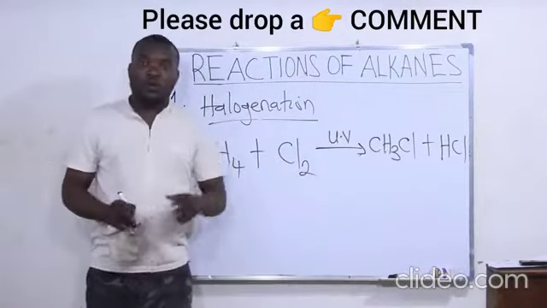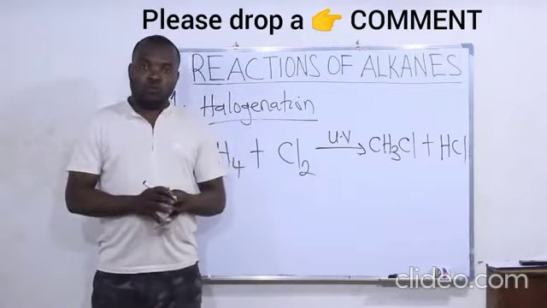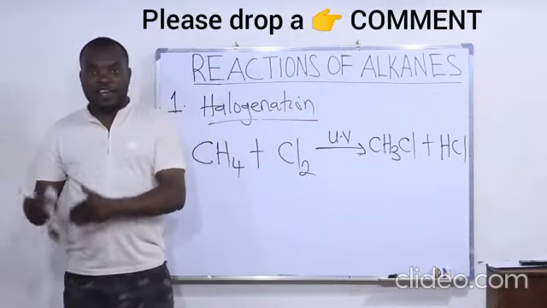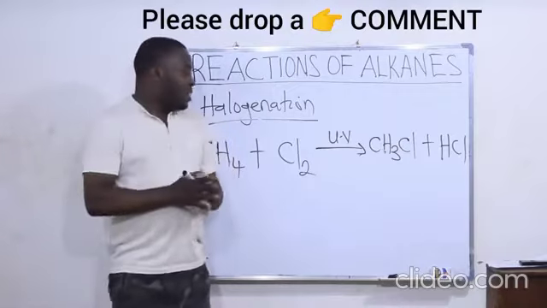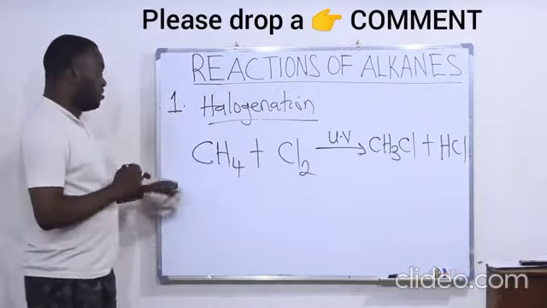In summary, when chlorine reacts with methane, we produce chloromethane. If bromine reacts with methane, we produce bromomethane. There is one important note you need to take here in this reaction.